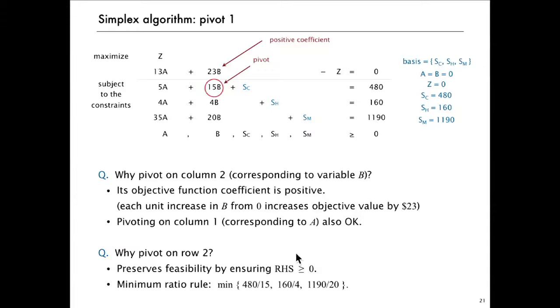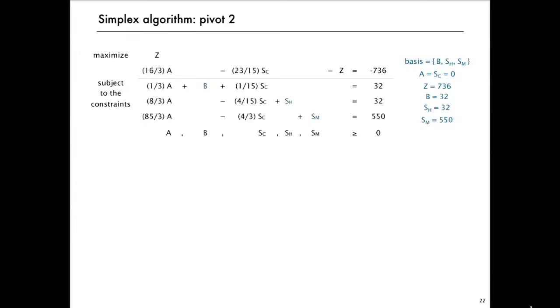You have to make sure that the right-hand side always stays bigger than 0. And so what's used to choose the row is the minimum ratio rule. If you take the right-hand side over the coefficient, you want the one that's smallest, because when you do the substitution, that'll make sure the right-hand side is positive.